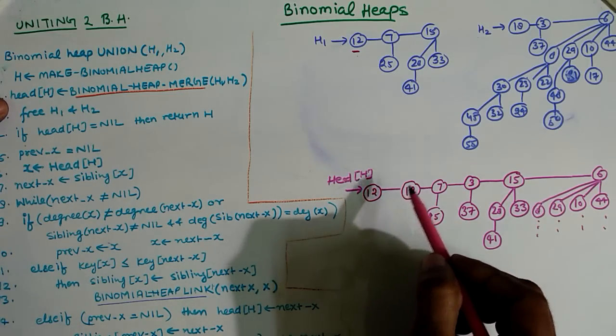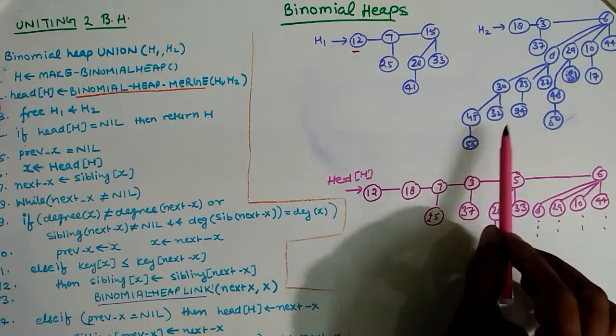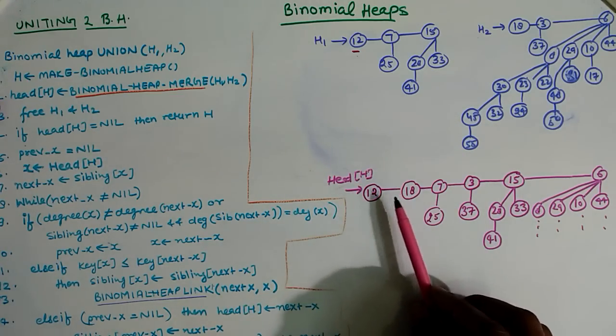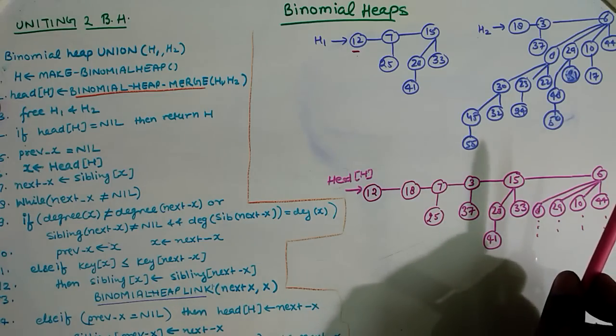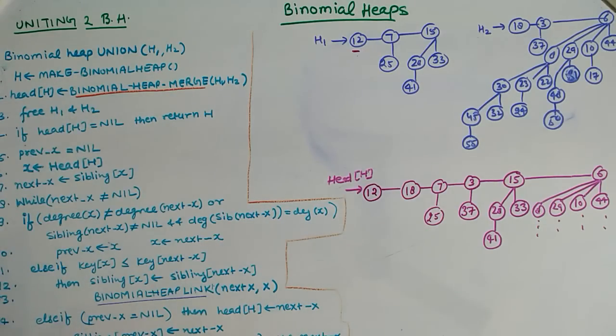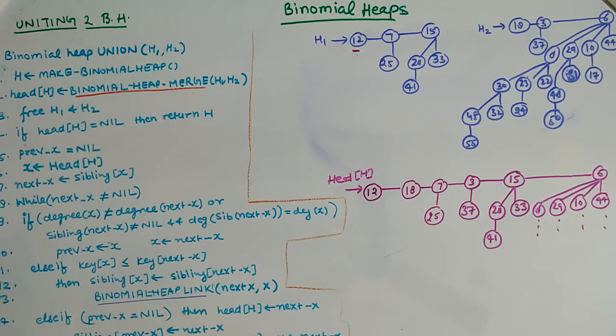It will combine both heaps in increasing order of degree in the root list. Then it will free h1 and h2, means it will delete both of the binomial heaps. So it will free the information of h1 and h2, so these two are freed from memory now.